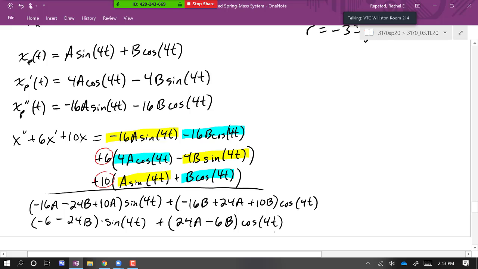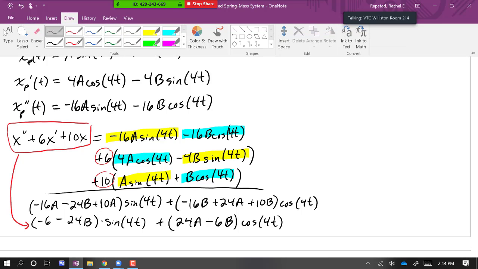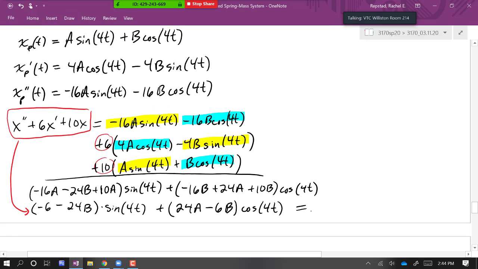So what we have here is equal to x double prime plus 6x prime plus 10x. And we know, because of the given function and our forcing function, that this is equal to 25 cosine 4t.